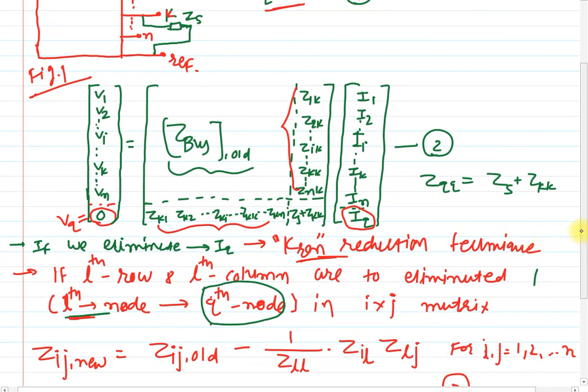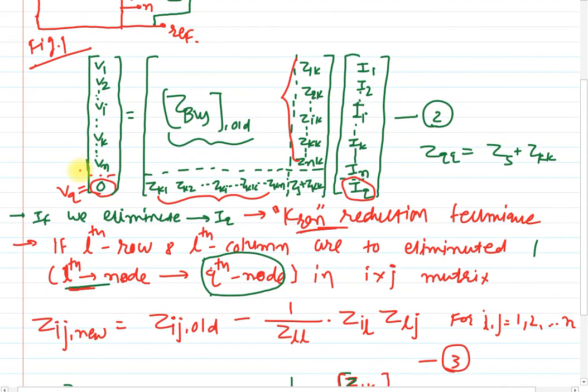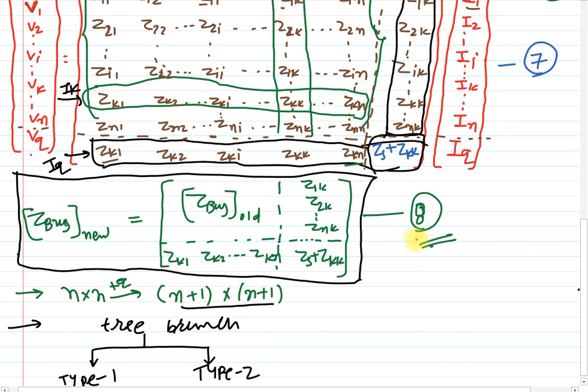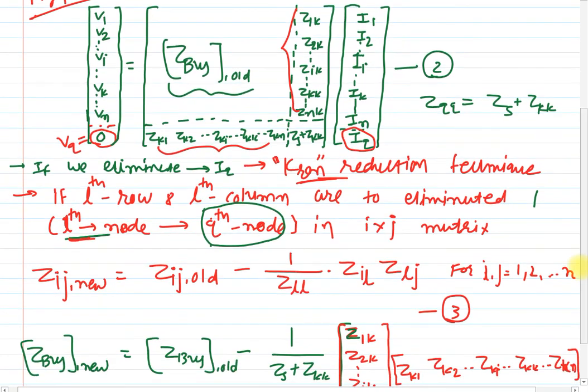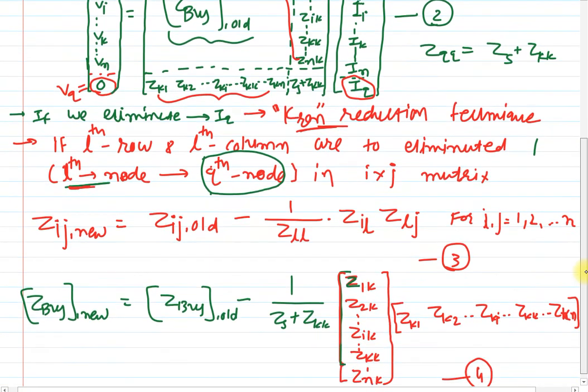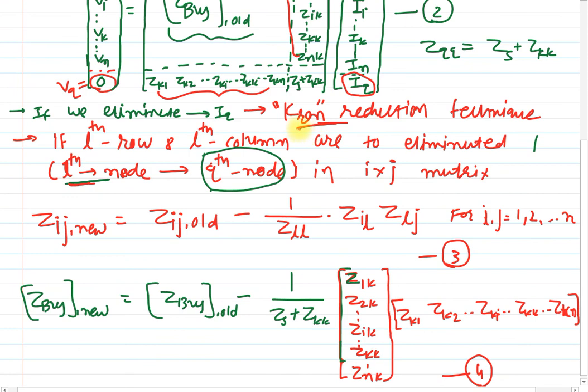And now the same matrix which we derived over here in equation number 8, for the same process we just assume the elimination of Iq from this column vector of current, and we just need to apply the Kron reduction technique.